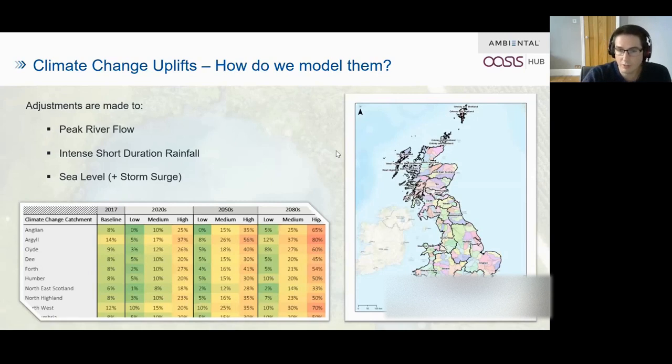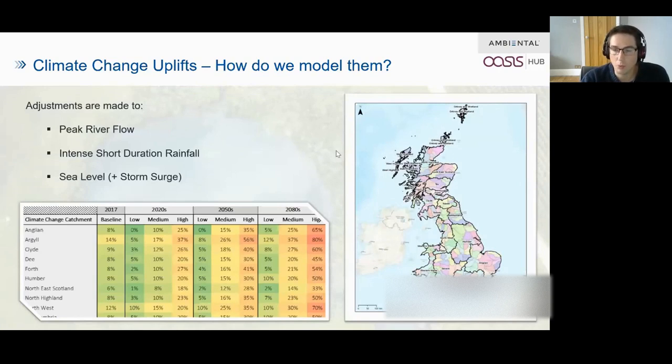So this is, just to put it into context, what we see on the screen now are some uplifts, some changes to the fluvial models. So this is the change in peak flow that you will, this is just at the 100-year return period, the change of peak flow from now and into the future under the 3 different scenarios.